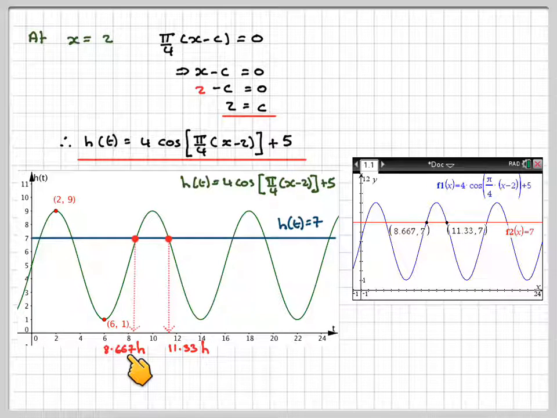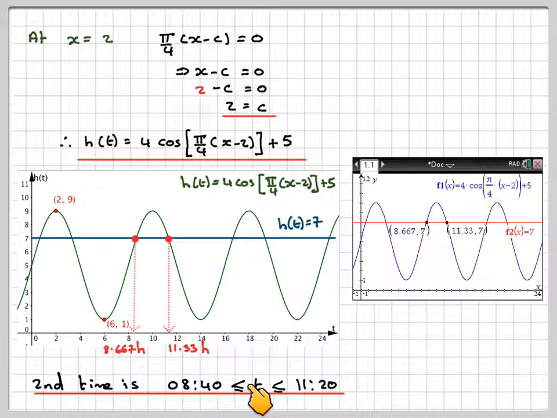We recognize this is 8:40, as 2/3 of 1 hour is 40 minutes, and 0.33 is 1/3 of an hour, which is 20 minutes, so it's 11:20. So the ship can enter with t being between 8:40 and 11:20.